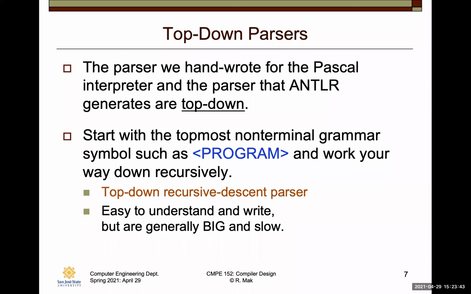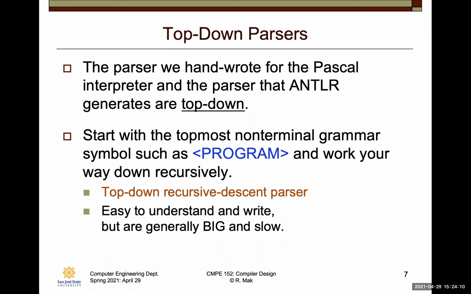You start at the top and you work your way down, and it's often recursive because when you're parsing an if statement, you end up parsing the true statement and the false statement. And so there's lots of recursion going on. So that's why it's called top-down recursive descent. And yes, we wrote one of those by hand, and it turns out that that's what Antler generates.